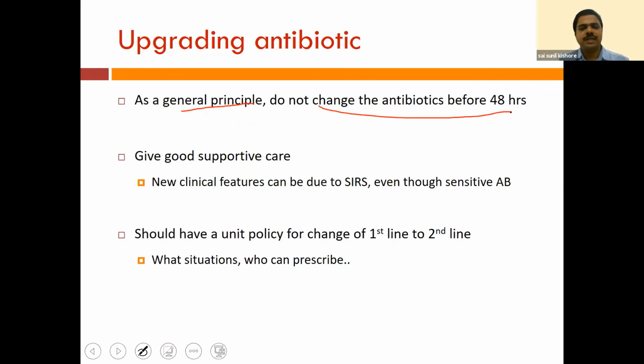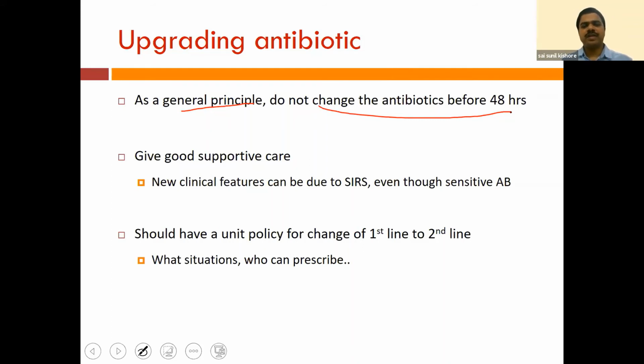What is important at that point of time is that the treatment of sepsis is not only antibiotics, it is also good supportive care. You need to give good supportive care along with antibiotics and sometimes adjunctive therapies. The baby requires proper maintenance of temperature, will require oxygen, and will require fluids, properly bolused.